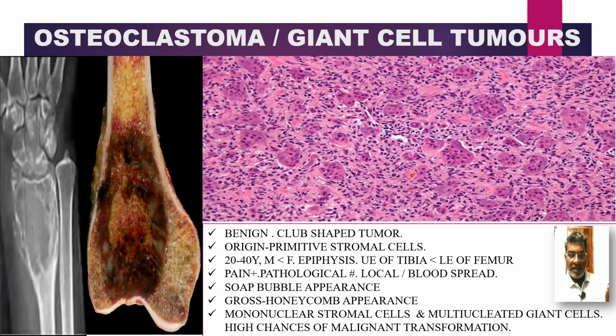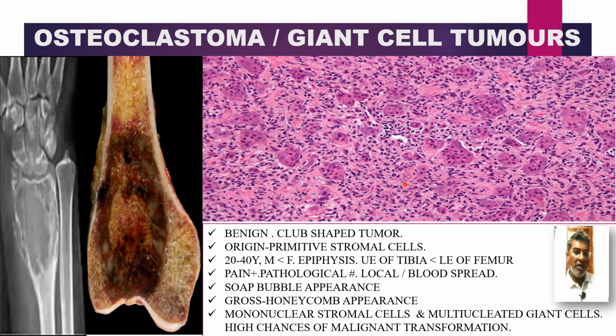Osteoclastic giant cells are seen in giant cell tumor, but they are not the tumor cells. The tumor cells are these mononuclear stromal cells. And this osteoclastoma, even though it is a benign tumor, has a high chance of malignant transformation.